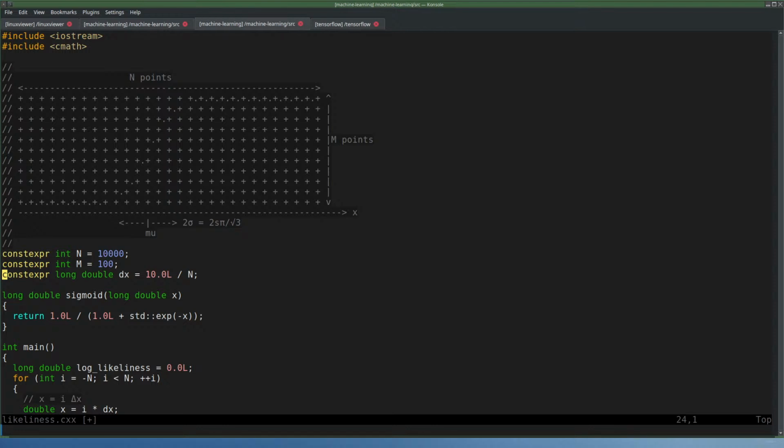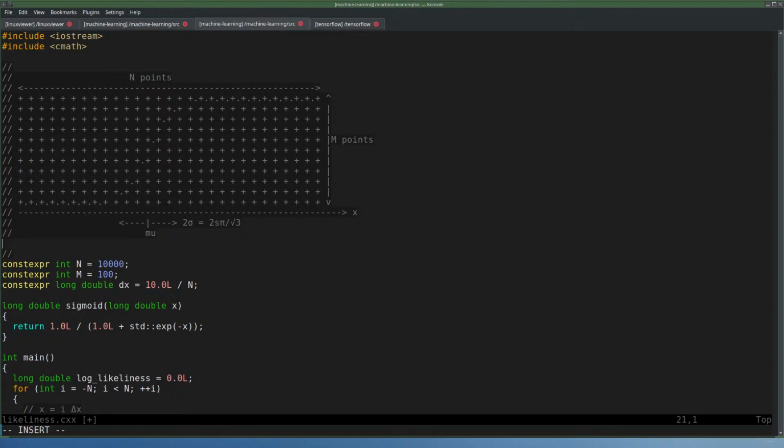I want to run from, yeah, it's kind of unclear, I guess. Maybe I should have a separate variable for the total number of sigmas. What is full width?